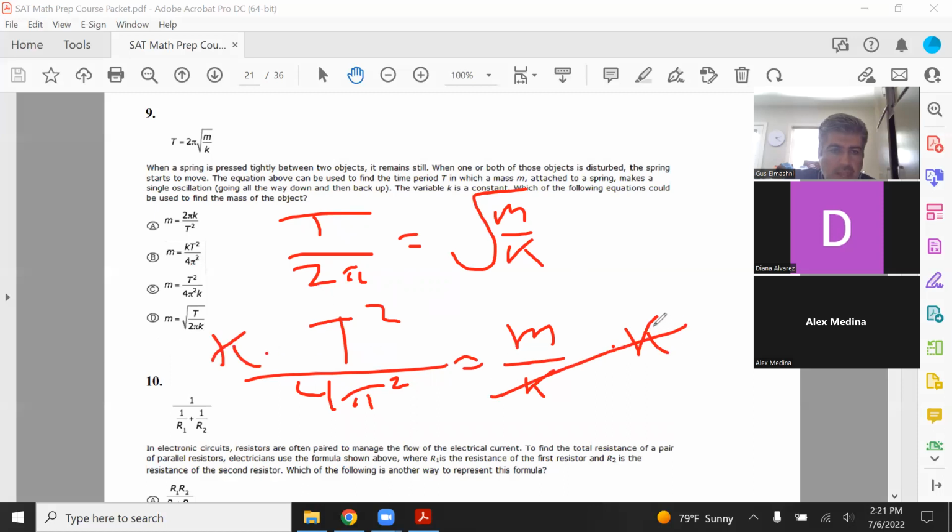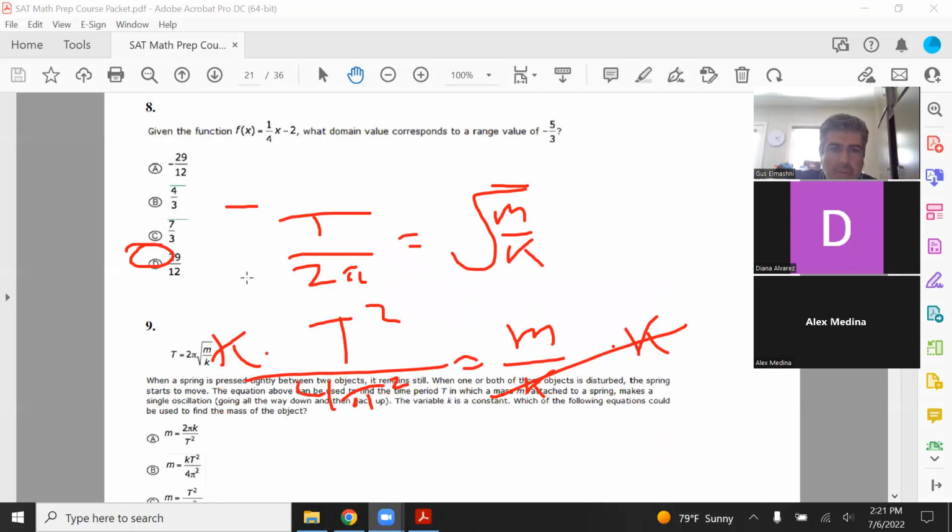And those will cancel. So you get kt squared and 4 pi squared on the bottom. That would be B. And I didn't really have to read the question, just look at the choices. They wanted to find the mass, and m represents mass because they said so somewhere there. So students get lost in the words. Just look at the choices and see what they want. It should be pretty straightforward.